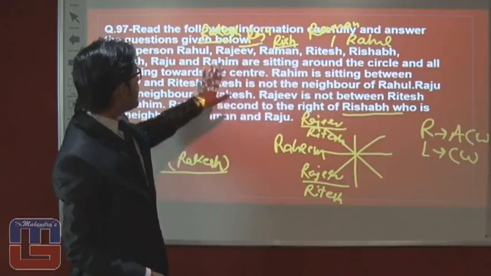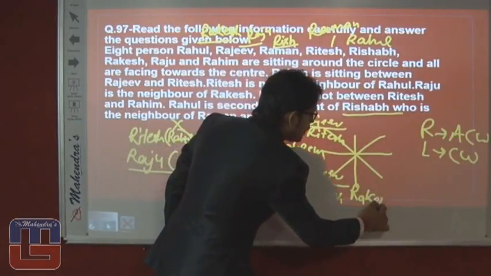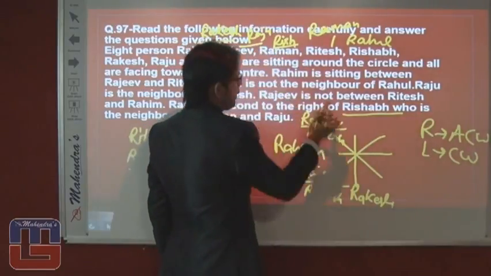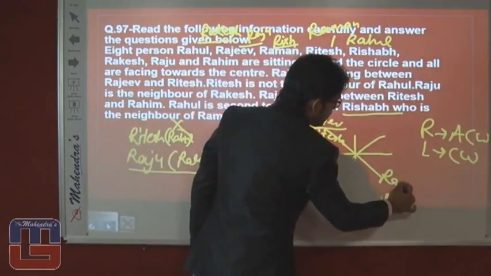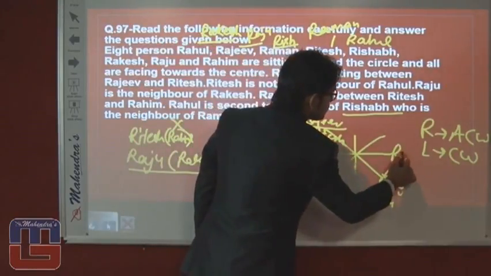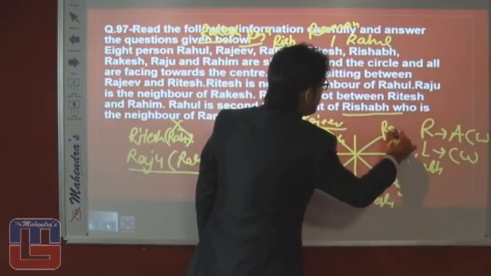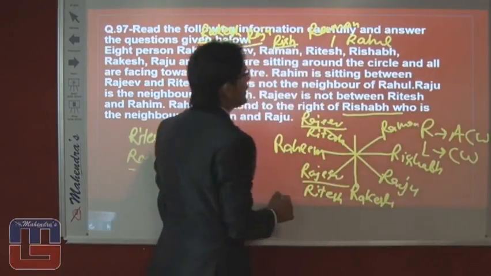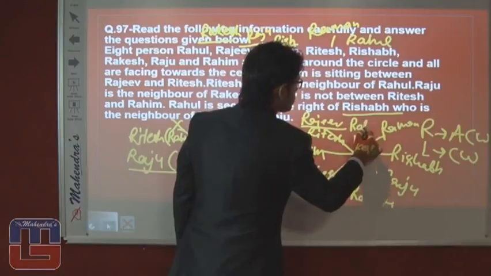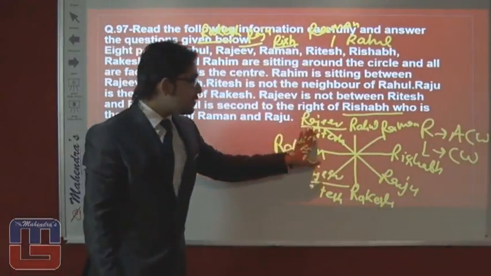While writing over here, the first member will be Rakesh, and right of Rakesh should be Raju, and right of Raju should be Rishabh, then Raman, and last we write Rahul. Still we cannot find who is sitting over here, Rajiv or Ritesh.